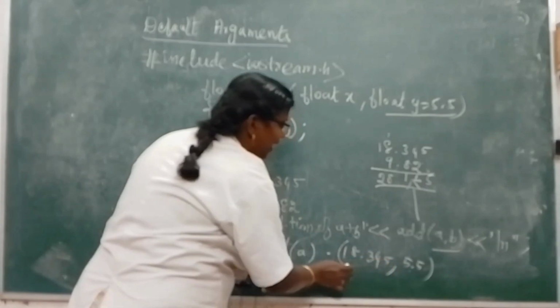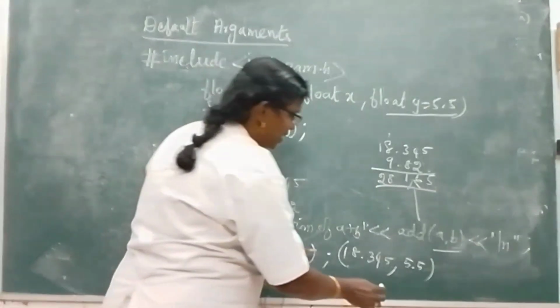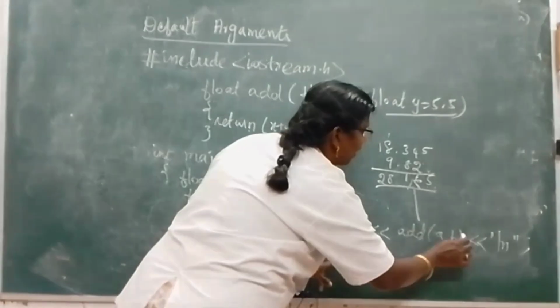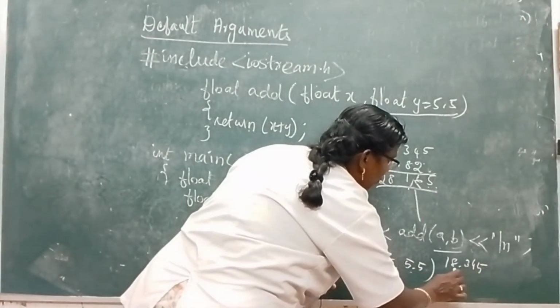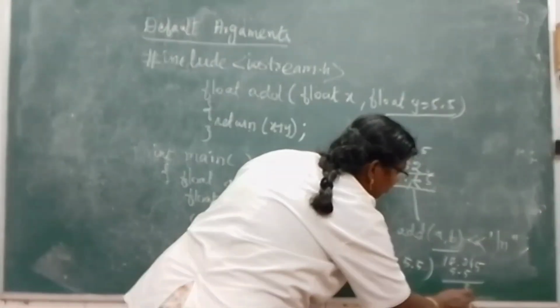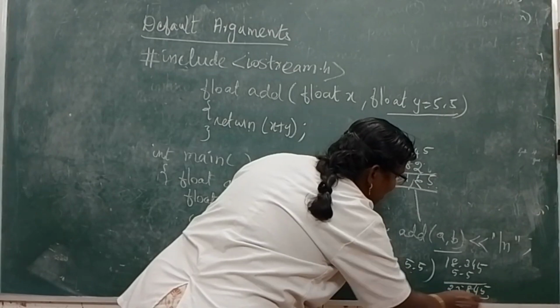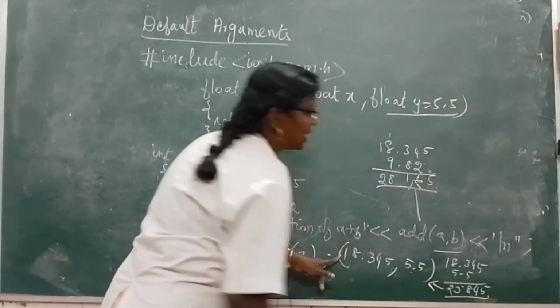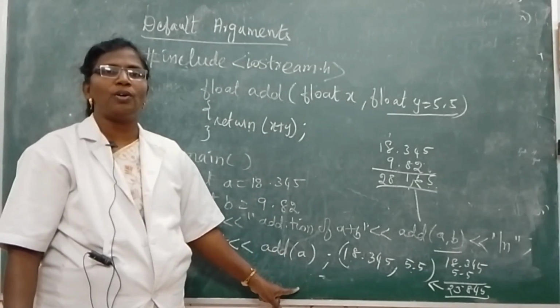So taking these two values, it adds these two. So what is the result of this? So here we have 18.345 and 5.5. So the result is, so this is the result of this statement. So I hope it is clear to you about the default argument.